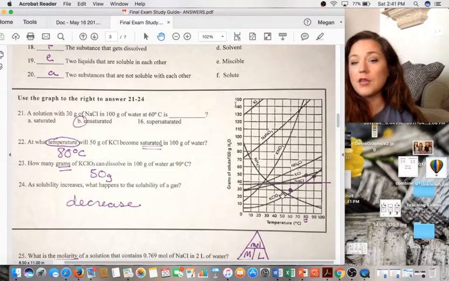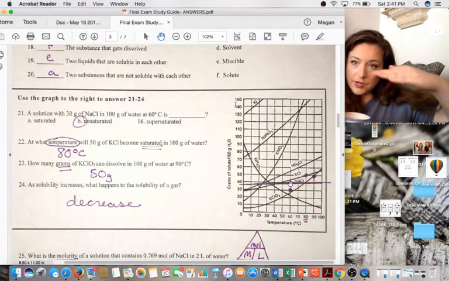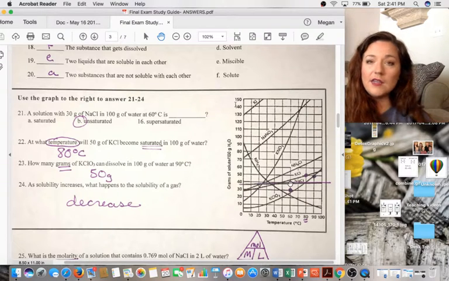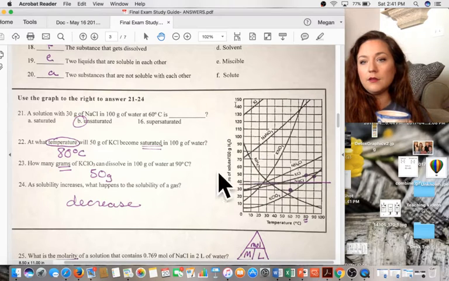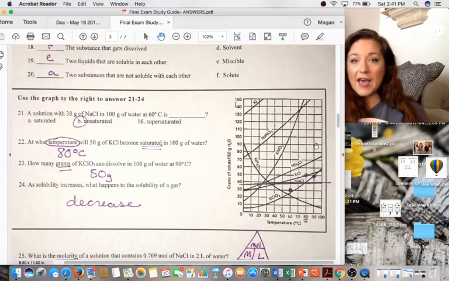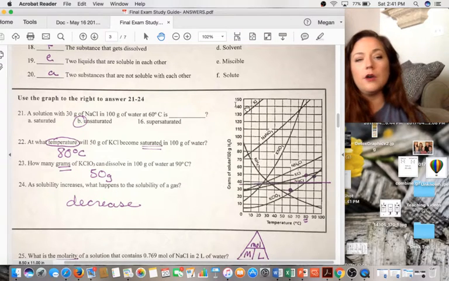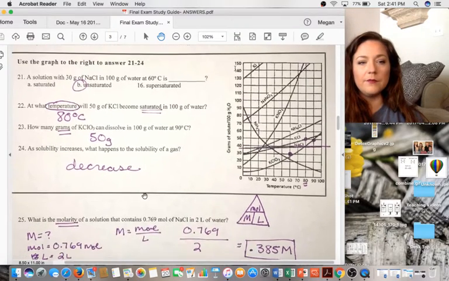Now, hypothetically, if he was on the line, he would be saturated. If anywhere above the line here, that would be supersaturated. So for 21, with that position on the graph, it would be unsaturated.